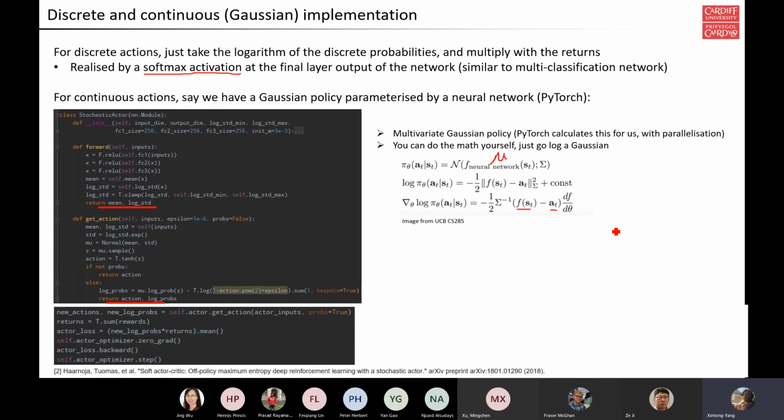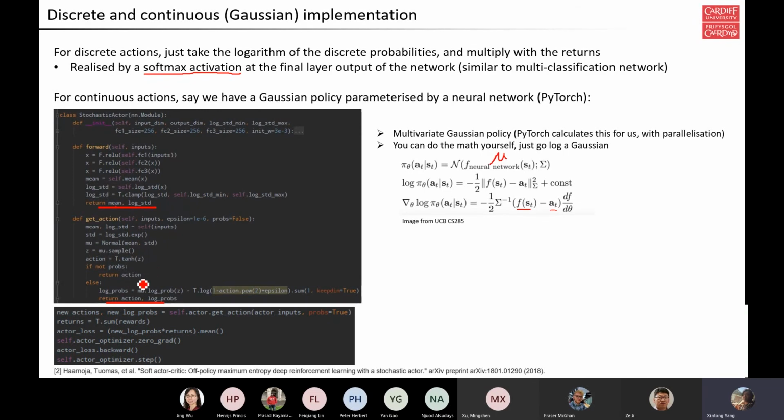And fortunately, if you implement it with PyTorch, it will compute the gradient for us, so we don't have to write this computation code ourselves. Here's a snippet of the code I wrote. We get a network to output a mean, and we directly output the log standard deviation here. In training, if we just want to get the actions, we can just get the actions.